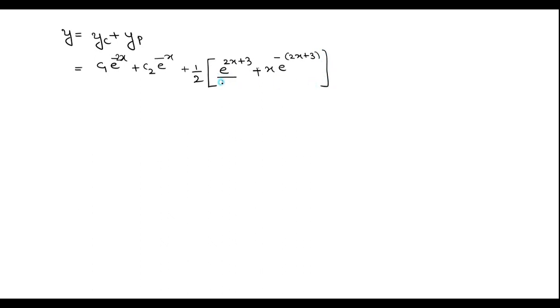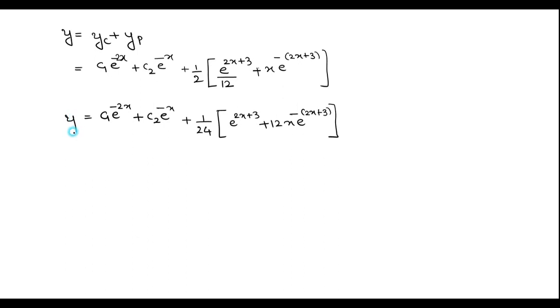So rewriting this, c1 e raised to minus 2x plus c2 e raised to minus x, take the LCM and multiply. It is 1 by 24 e raised to 2x plus 3 plus 12x e raised to minus 2x plus 3. So this is the general solution of the given problem.